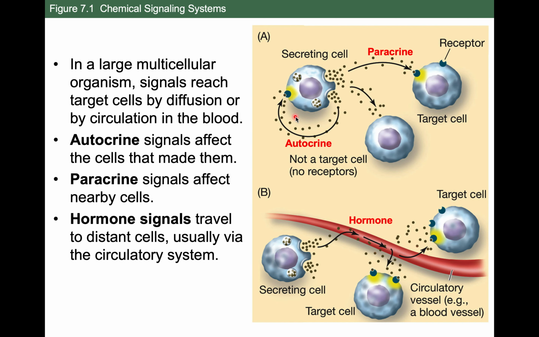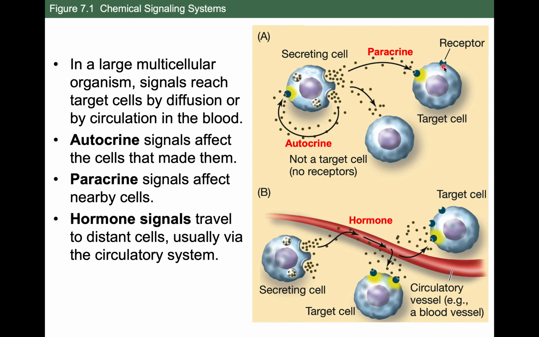Autocrine, almost self-signaling. And then we have paracrine signaling, which is just short distance local signaling, where one cell produces the signal, and then that signal diffuses away from that cell and is perceived by other cells in the vicinity. And you can see in this example we have the cell at the top here that actually has a receptor.